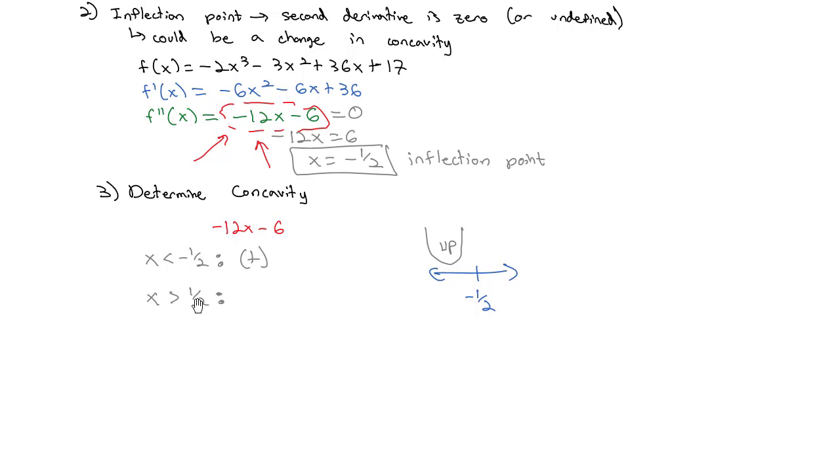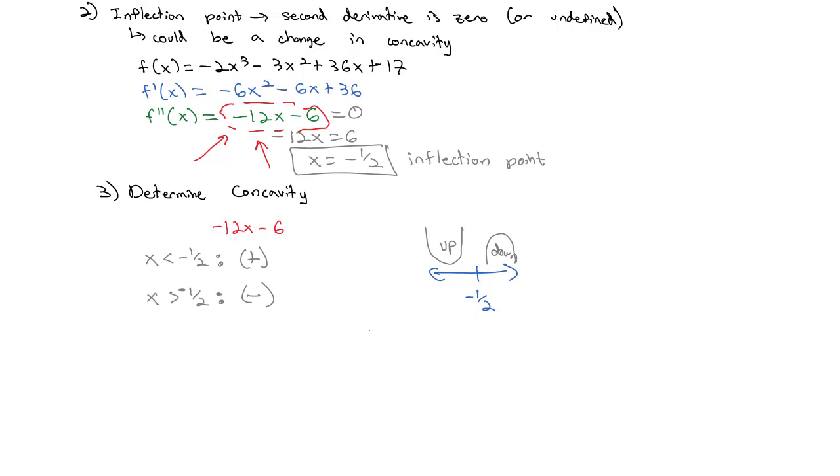When we're greater than negative 1/2, that should be a negative. We keep the negative. When we're greater than negative 1/2, maybe we'll take the number 0. Negative 12 times 0 is 0. Minus 6 is a negative. Because we're negative, now we're concave down. It's a frowny face in that region.